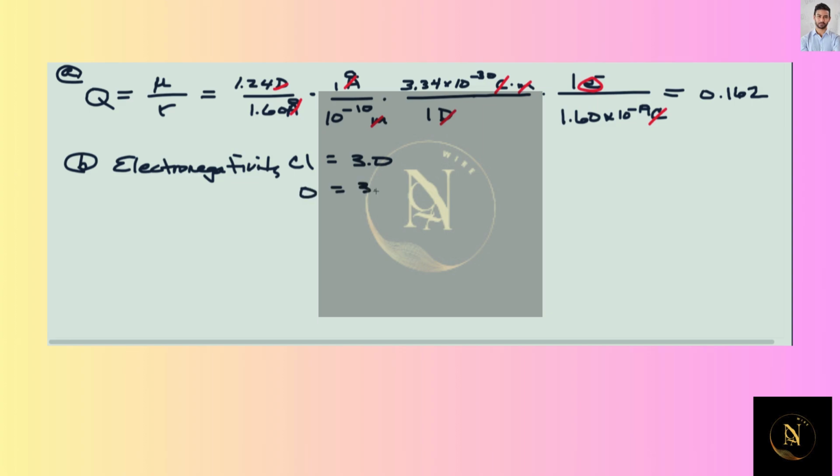Oxygen is 3.4, 3.5. Remember, the higher electronegativity is going to wind up getting the more negative partial charge. So the chlorine is going to have a charge of positive 0.162, and the oxygen would have a charge of negative 0.162. Remember, in covalent substances, we can have slight positives and slight negatives.